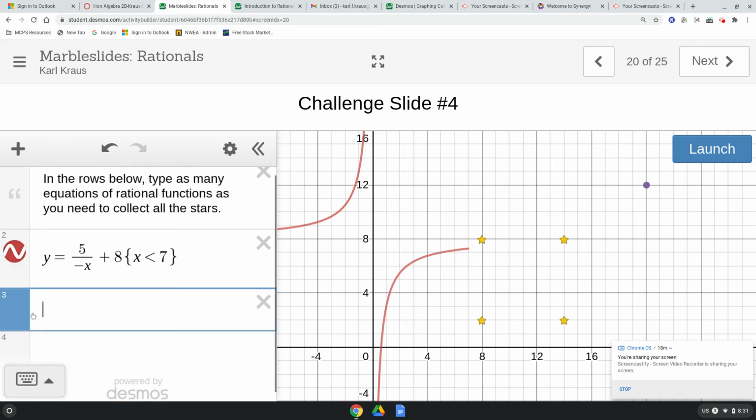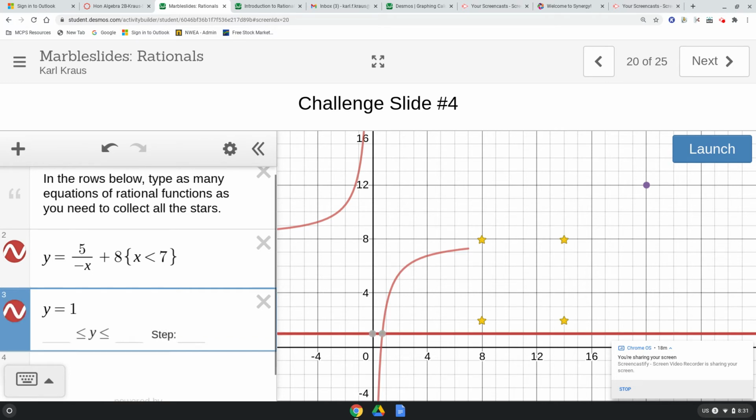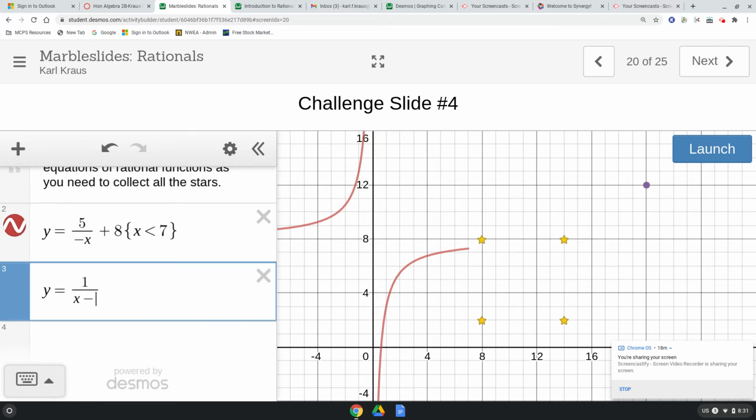And let's see the other graph I made. So y equals 1 over x minus 6, and then plus 1.